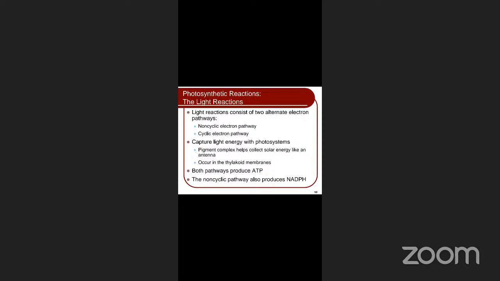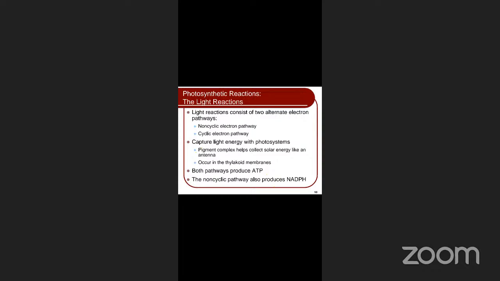With this experiment, Hill showed that water is the source of evolved oxygen.